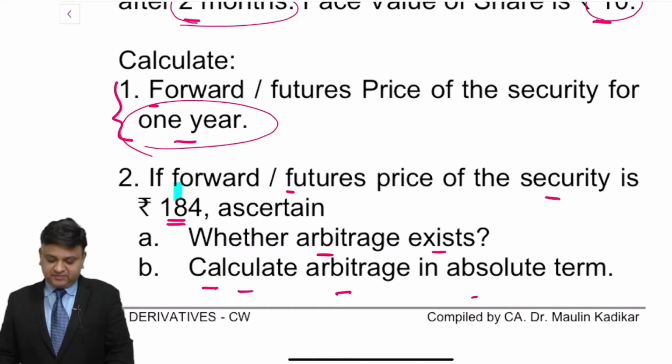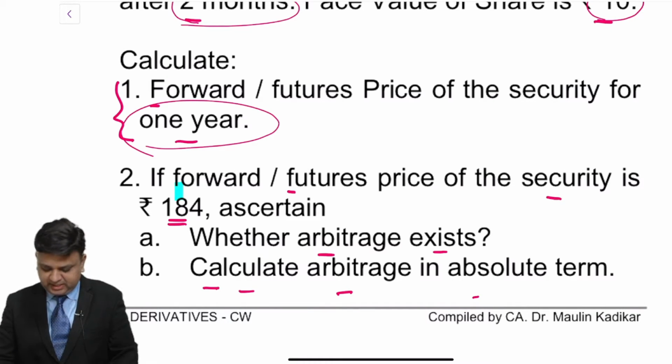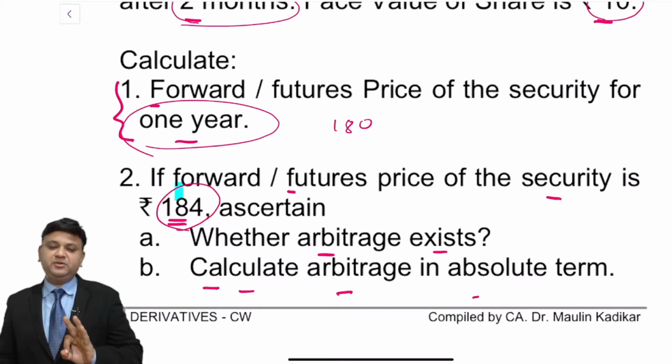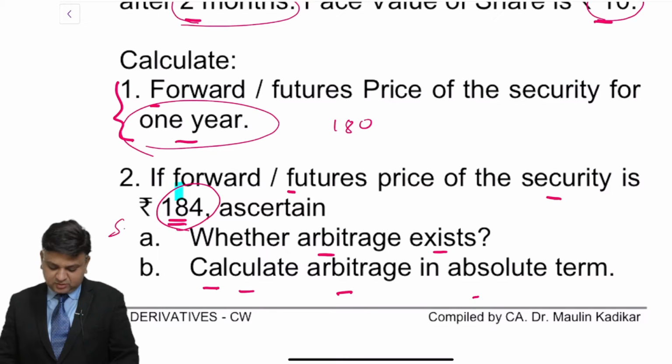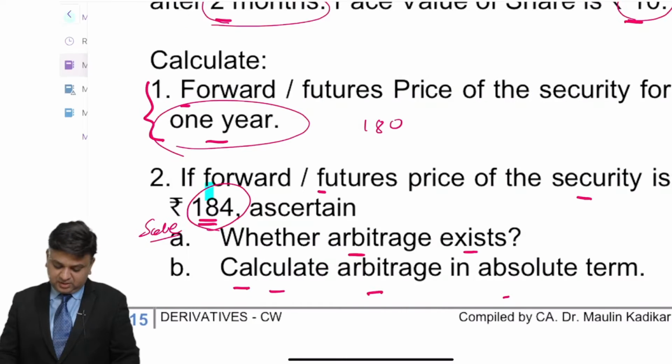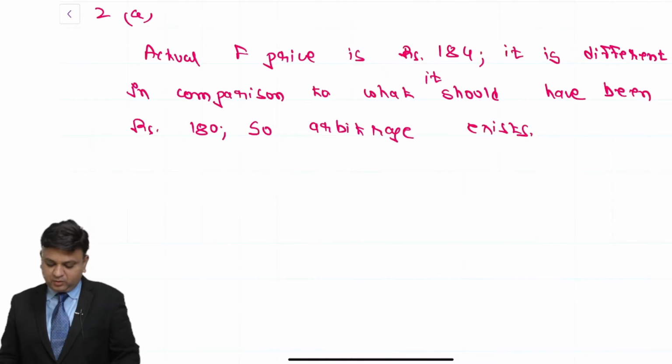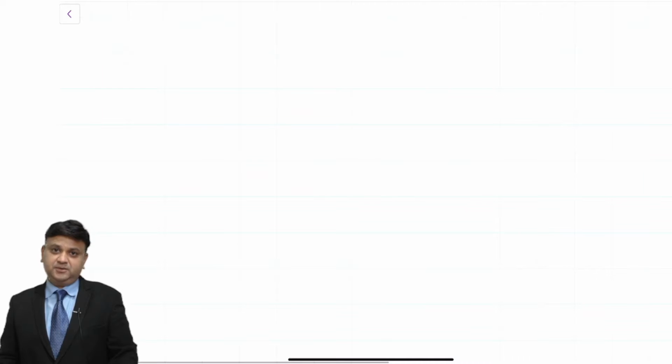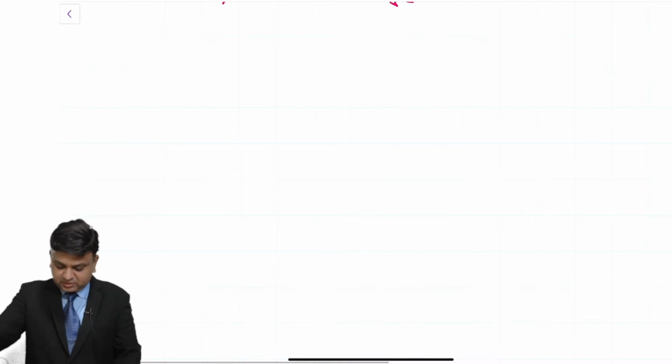We understand that the F price should be 180. Actually it is more. So we should enter into the F contract to sell the security at rupees 184. Since we are going to sell the security at the end of the year, today we are going to buy the security. So let us answer question number 2B.